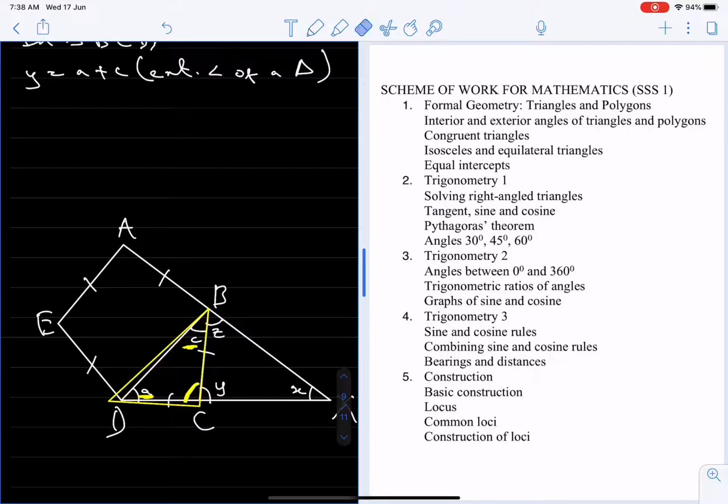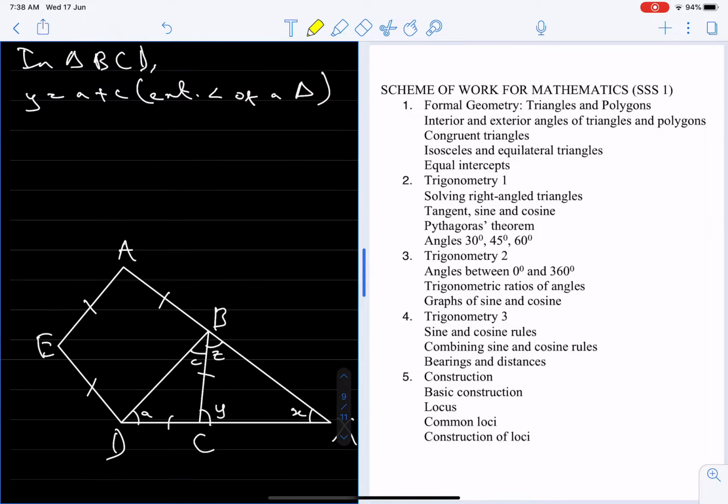So that's that. Let me erase this for my diagram to be clearer. So that means the opposite interior angles of the exterior angle y are A and C. So y is equal to A plus C. And that means, I can use the same letter, but I know that A is the same as C, since triangle BCD is isosceles.